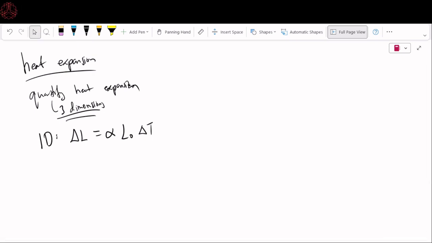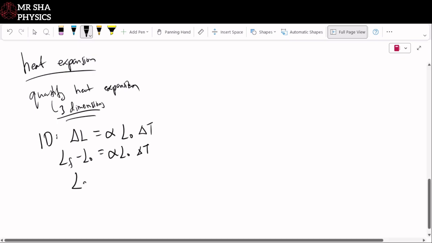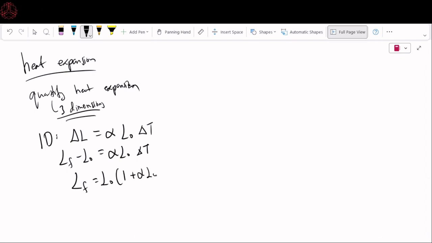Now, of course, I can expand on this, where the change of length is just L final minus L initial, or L original. I can rearrange this to have my final length equal to L naught times 1 plus alpha delta T. Now, some of you might be asking, what is this alpha?